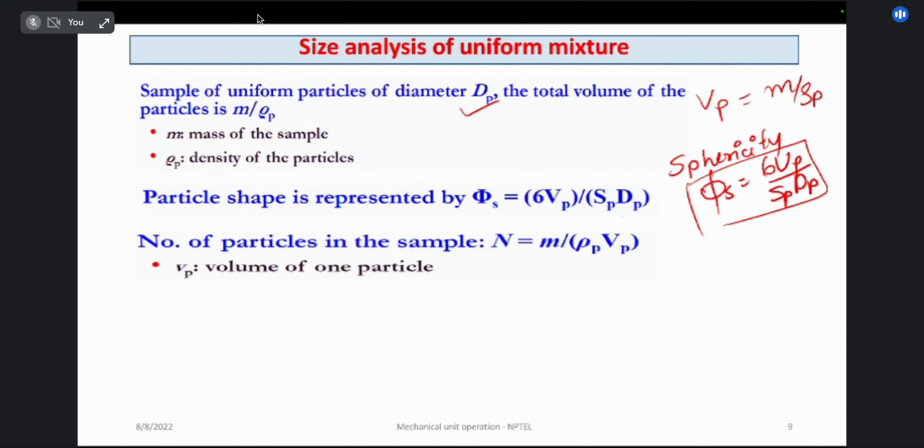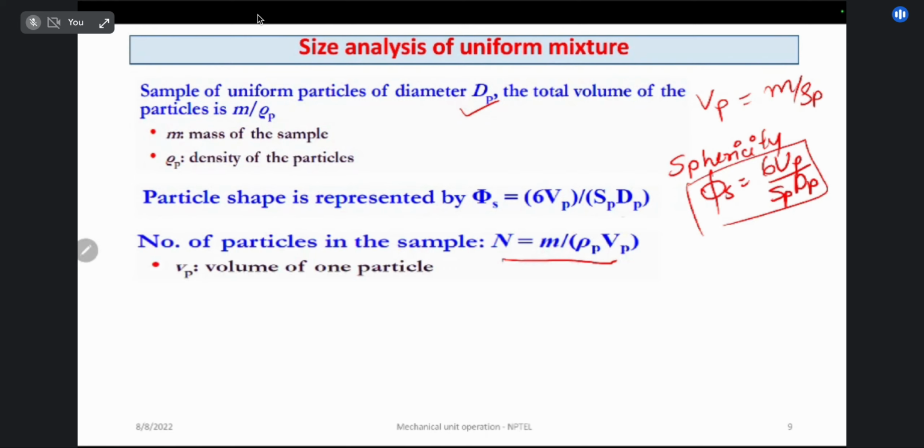So we need to calculate the number of particles in the sample in order to do the size analysis. The number of particles is equal to m by rho p into Vp, where Vp is the volume of one particle. It is nothing but the total volume divided by one particle volume.